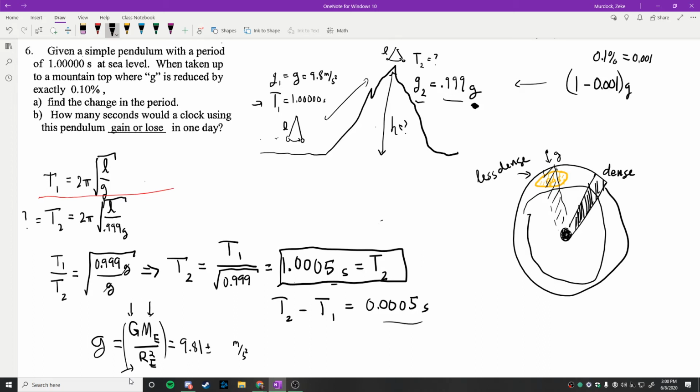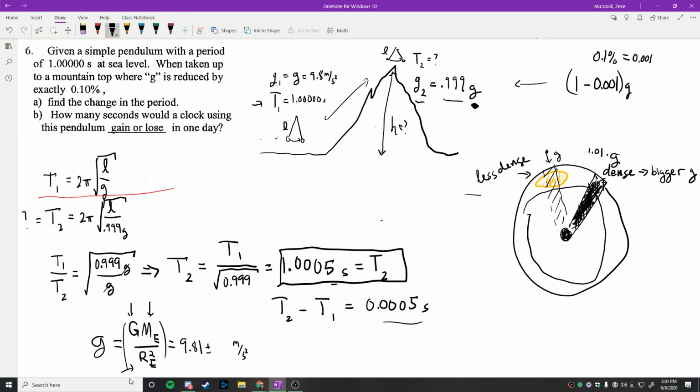Let me back up a step. If this is less dense, then G is going to be greater right here. Maybe G right here is like 1.01 G or something. Because gravity is a function of mass, if there's more mass right here than there is in this region over here, then gravity is going to be higher here. So this is going to be a bigger G by a tiny, tiny amount, maybe like 1/10% or something like that. So this would be a bigger G, and this would be a smaller G, right?